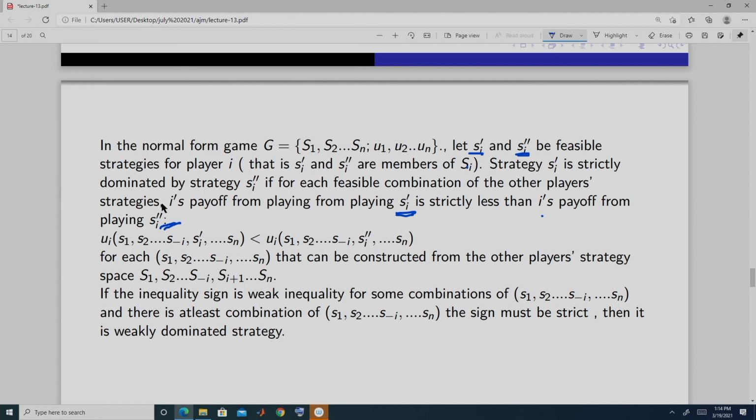So, single dash of player i is dominated by the strategy or action double dash. Okay? And when we look at this, this is one combination. So, for each of these combinations, for each S-i that can be constructed from the other players' strategies.